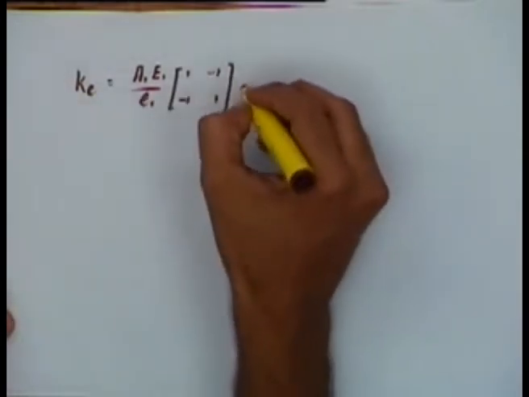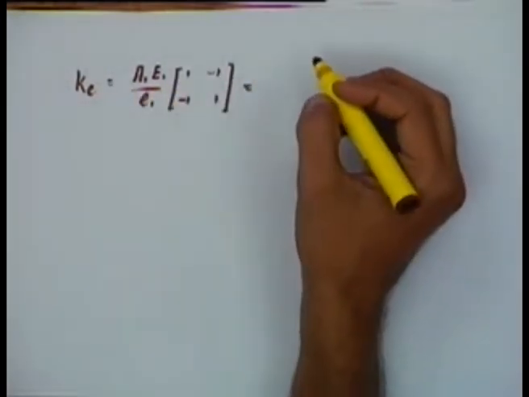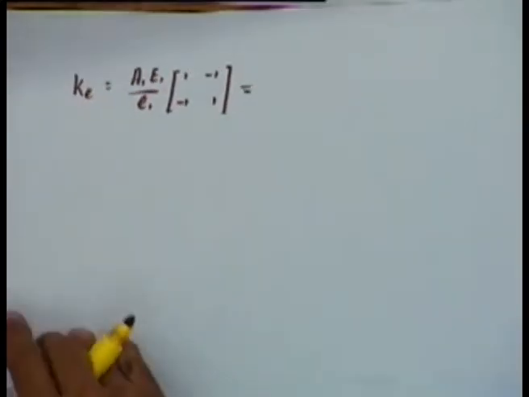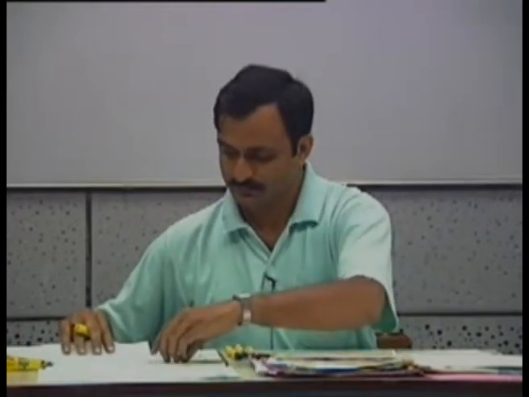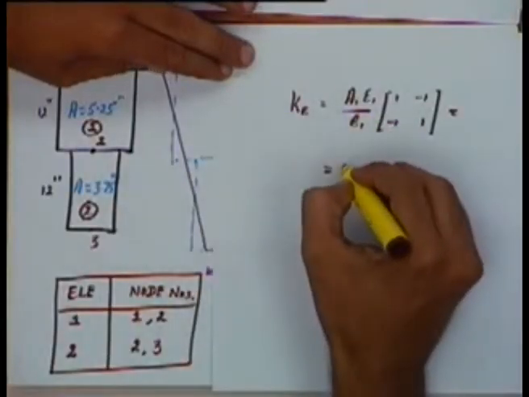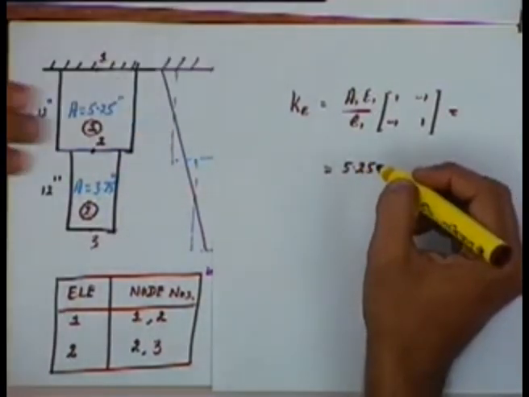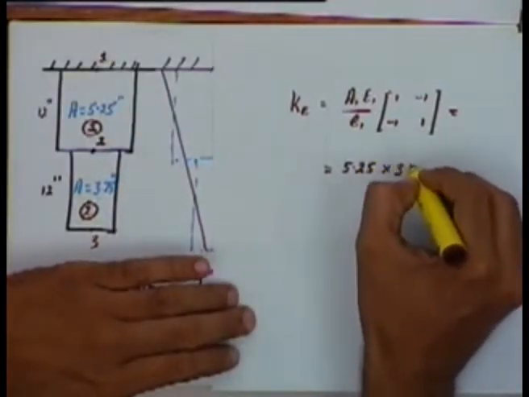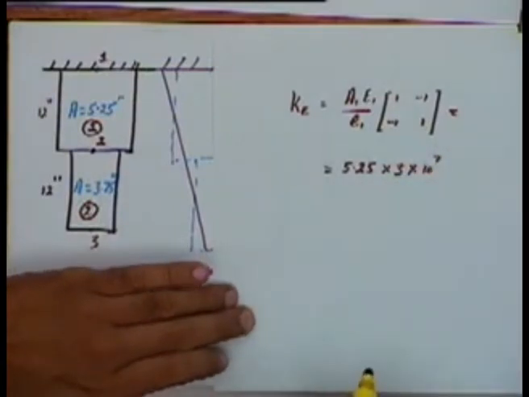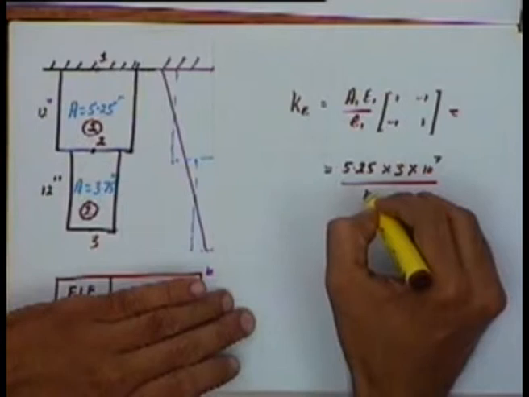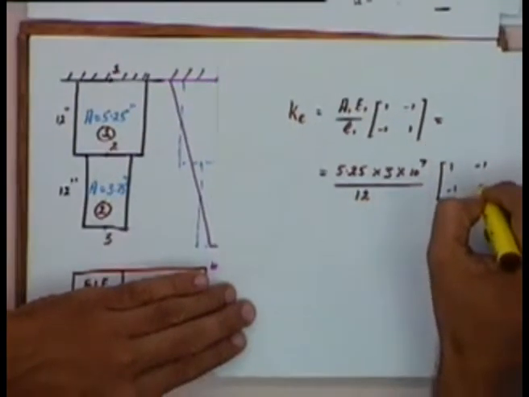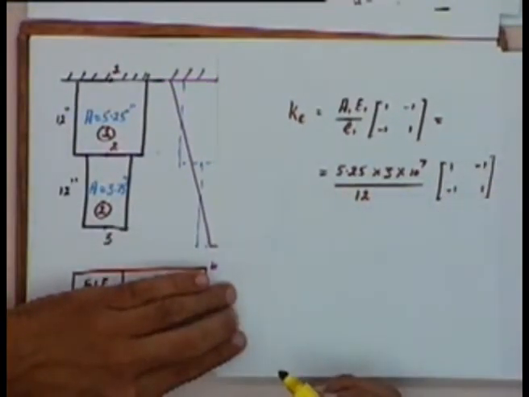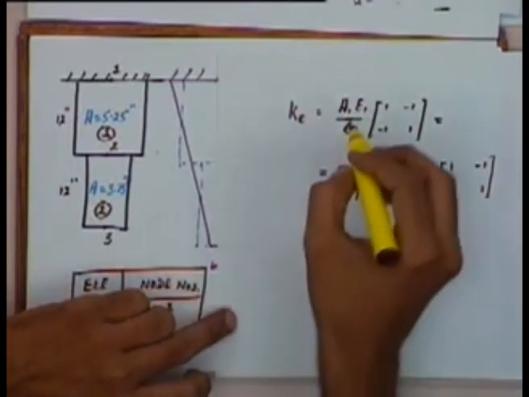So this will be equal to the area of the first element, 5.25, with E taken to be 3 into 10 to the power 7 psi, divided by the length of the element, which is 12 inches, multiplied by the matrix 1 minus 1 minus 1 1. Okay, this is for element number 1.